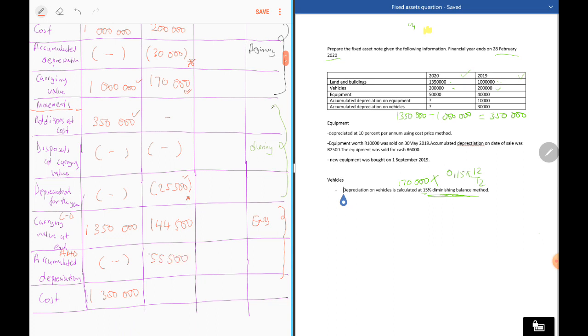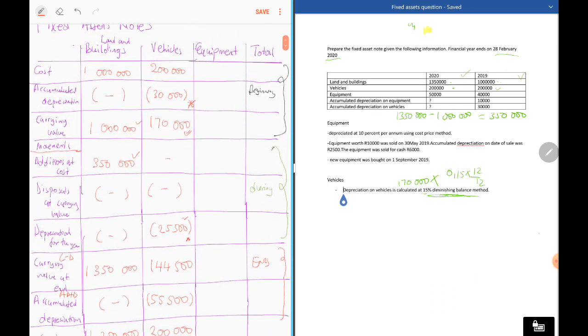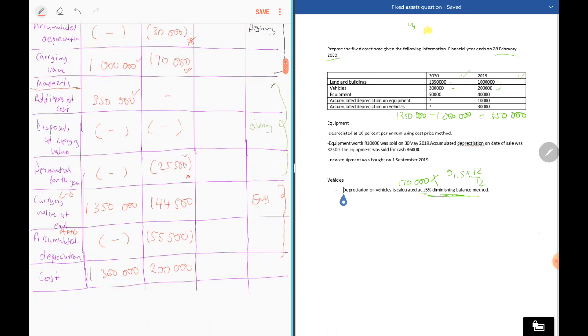Then your cost, of course, will still be 200,000. It's a closing balance. But if we had any additions, we're going to say cost at the beginning plus additions at cost, right? So this is cost at beginning plus additions at cost. Fine.